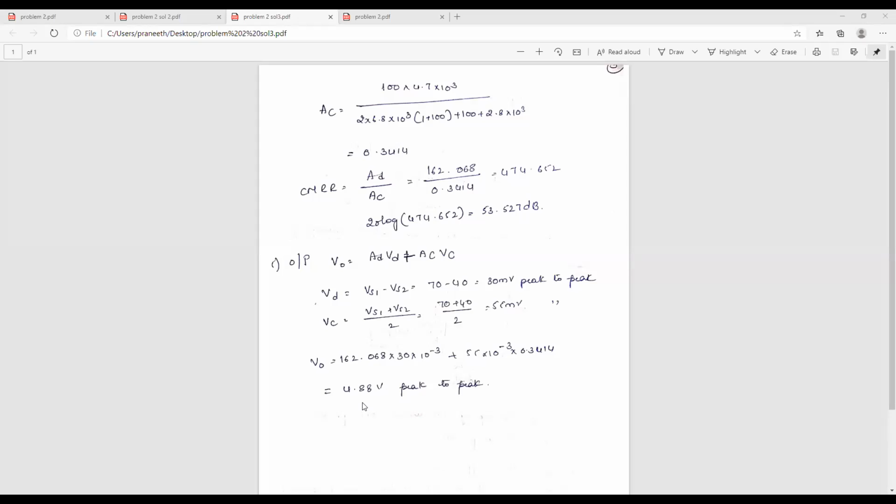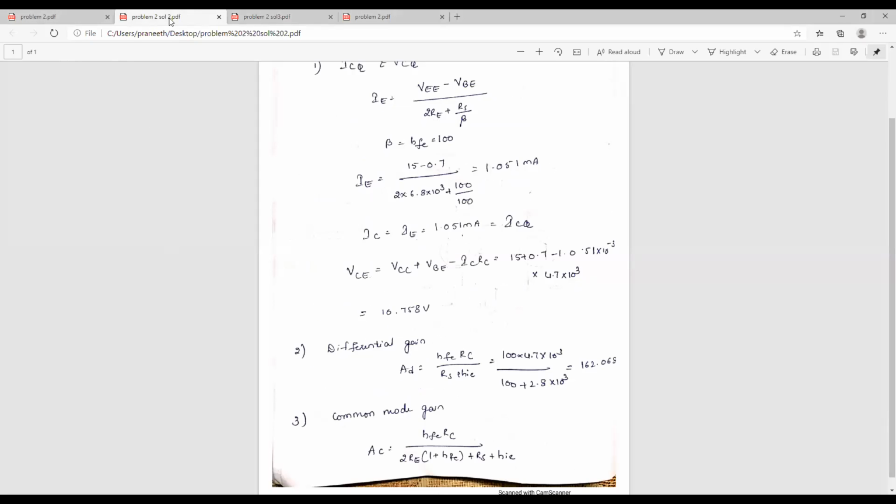Got it? Just have a look at the solution of this problem once again. First, you have calculated the operating values or operating currents. Next, you have calculated everything by direct formula; it's just a substitution of the direct formula.